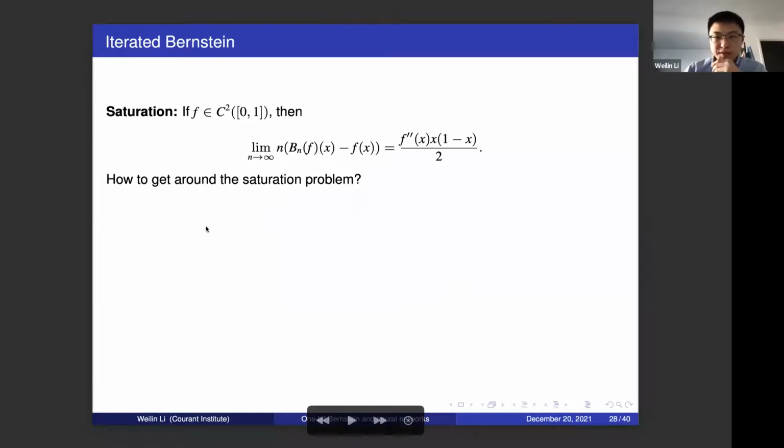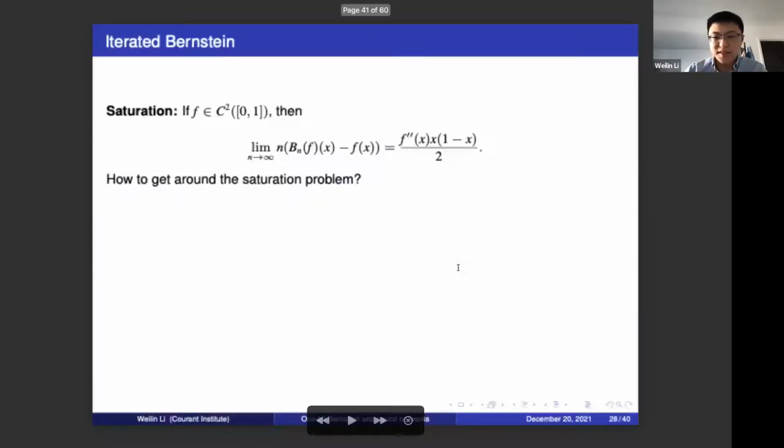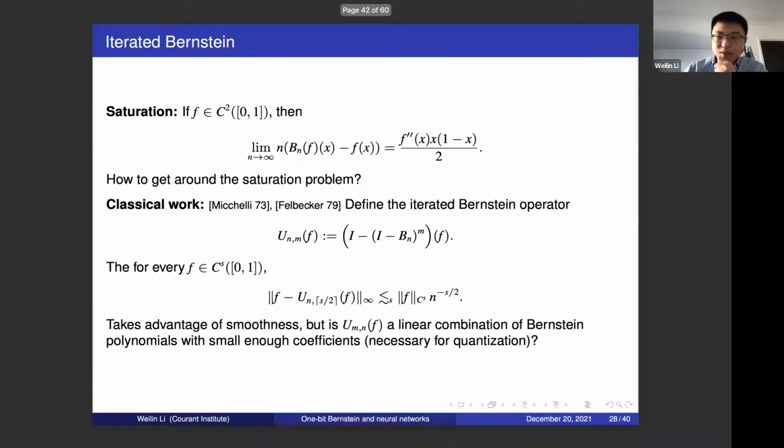The second issue is how to deal with this iterative Bernstein. There's no point in doing all of this hard work for this extra decay in n if we're ultimately going to be penalized by this bottleneck decay of 1 over n, right? Thankfully for us, this was also studied in the literature. In the 70s, Micchelli and Felbecker were already aware of the saturation issue.